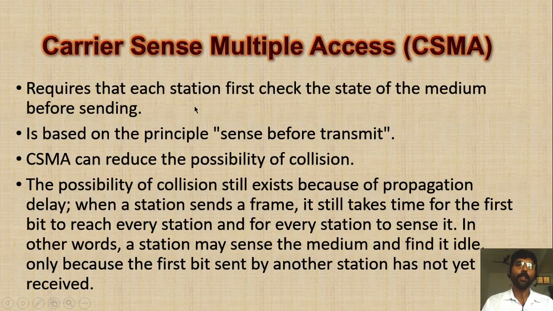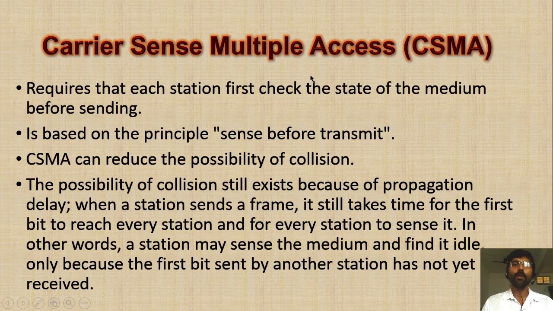The first random access protocol we are studying is called carrier sense multiple access, also called CSMA. In CSMA, the stations first check the state of the medium before sending any data frame. So it's also called sense before transmit.